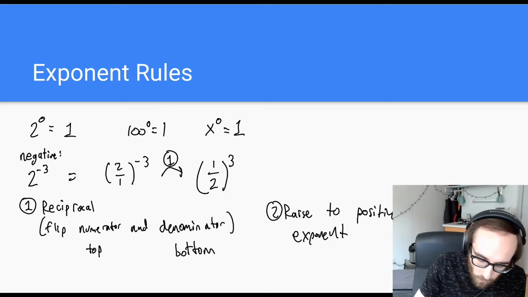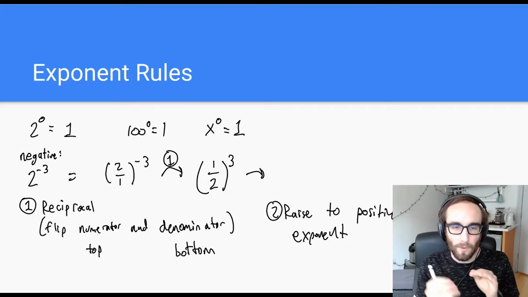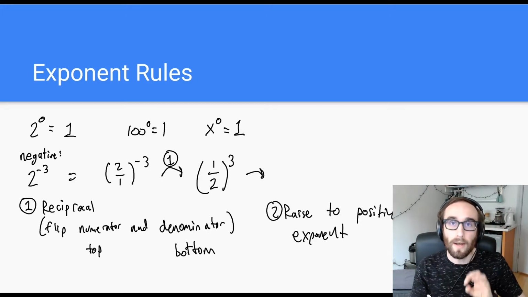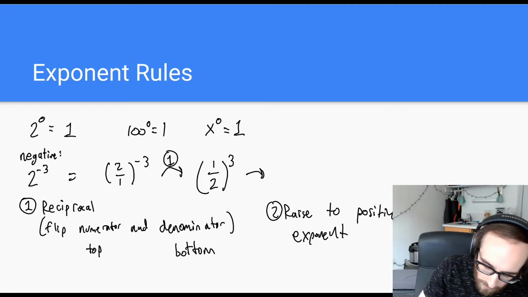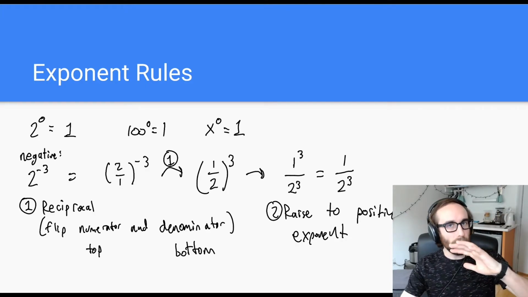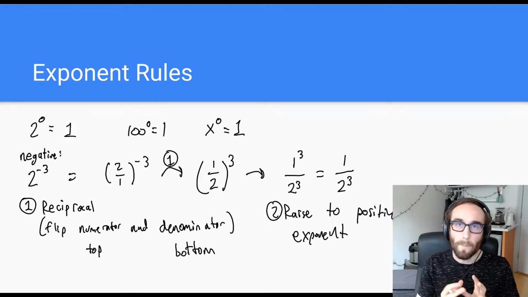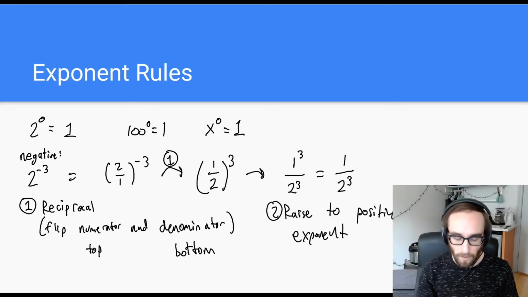And with exponents, we can apply this exponent to the numerator and denominator separately. So we can rewrite this as 1 to the third power over 2 to the third power. In other words, 1 over 2 to the third power. So we flip our fraction, and then we raise our fraction to the positive exponent power.